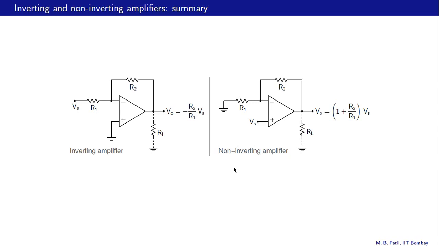So it's a good idea to stop the video at this point, draw these circuits yourself, turn the monitor off, and derive the VO versus VI relationships for both of these circuits. And it's best not to learn these by heart. It's very easy to derive these relationships, as we have already seen, and when you go through the derivation, it will stay with you much longer than just learning things by heart.